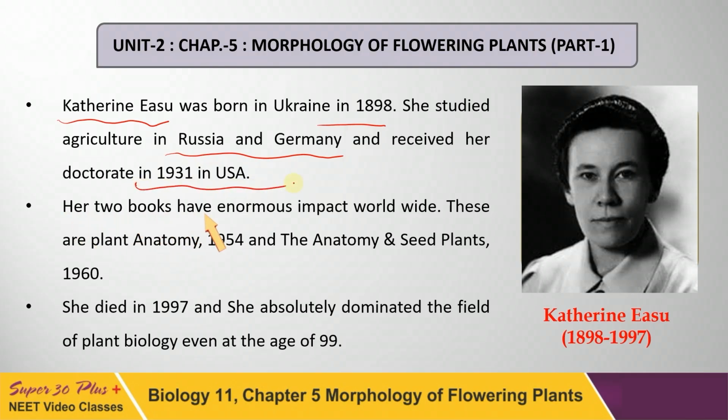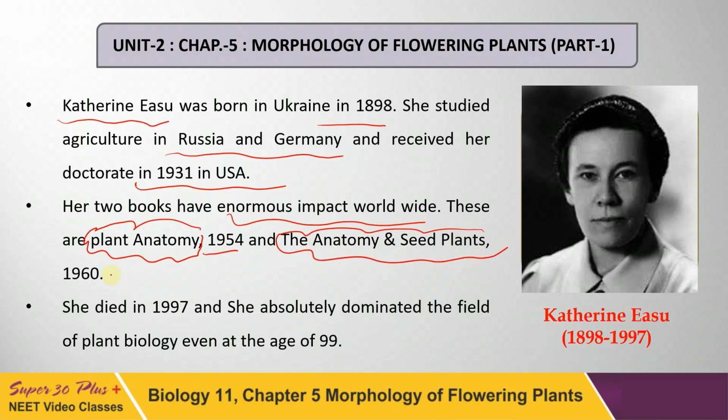Her two books are very famous, which have had an enormous impact worldwide: Plant Anatomy, written in 1954, and Anatomy of Seed Plants, written in 1960. She died in 1997, and in her lifetime she absolutely dominated the field of plant biology, even at the age of 99. So she is the eminent worker.